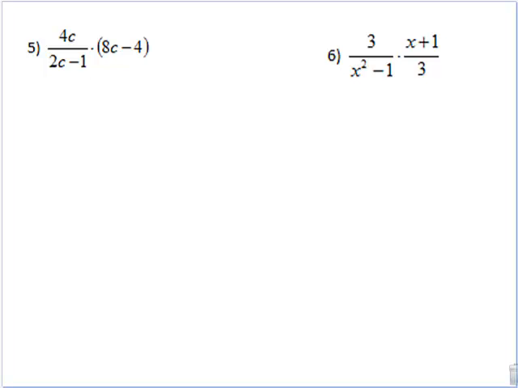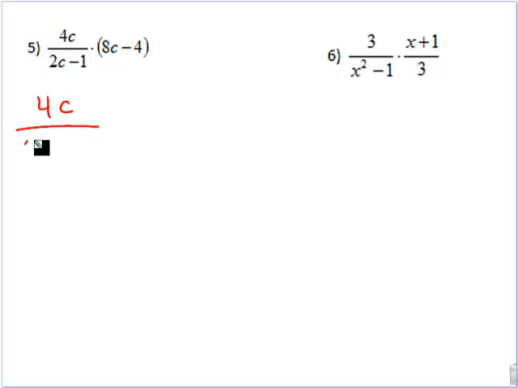Good. How can we factor that? We can take out a 4. There's a GCF of a 4 here. What else should we probably do with this 8c minus 4? Put it over 1, because we are dealing with rational expressions here, so we can see what cancels in the numerator and the denominator.